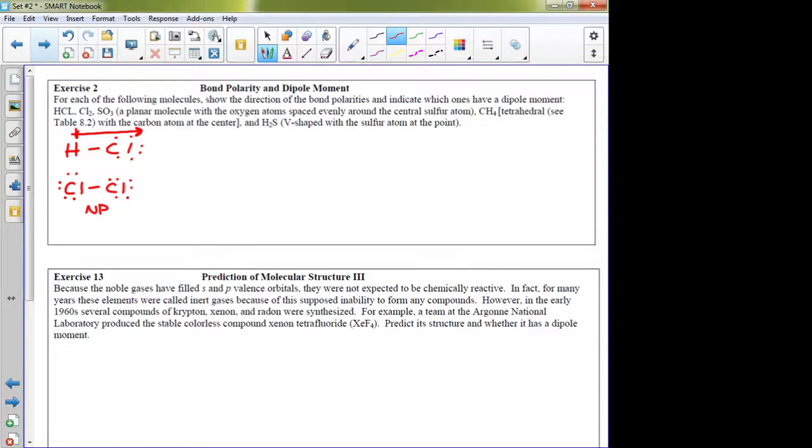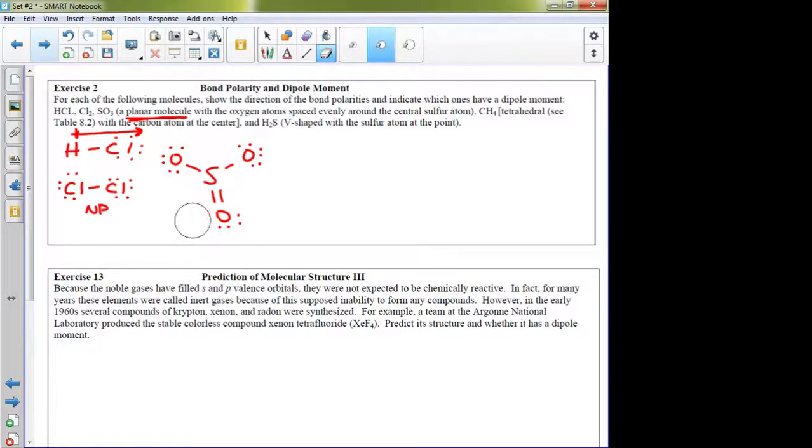Okay. SO3. I'm just going to draw these out because you should know how to draw them by now. It tells me this is a planar molecule, which means I don't have any what? Lone pairs, which means one of these is a double bond.